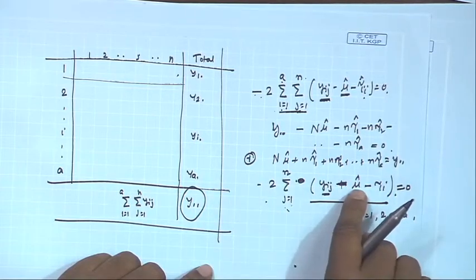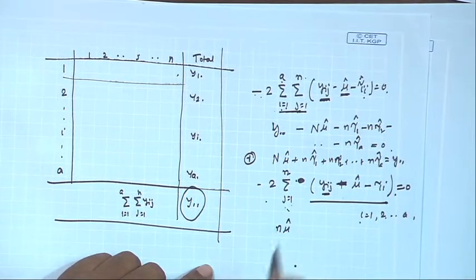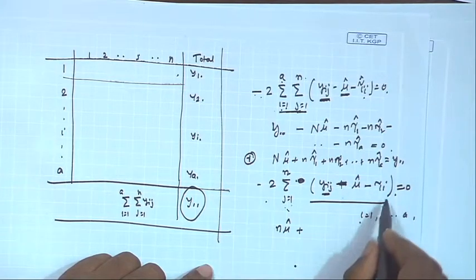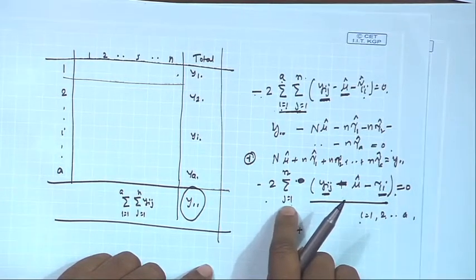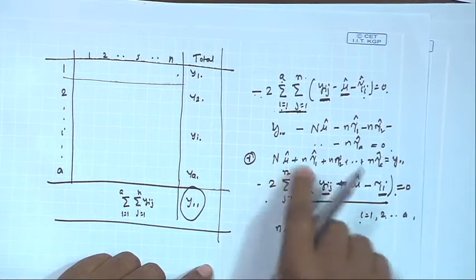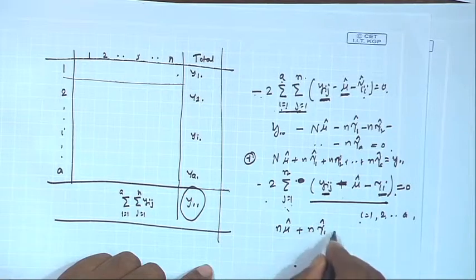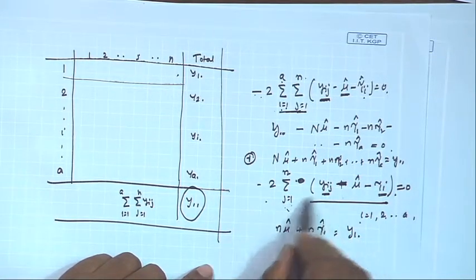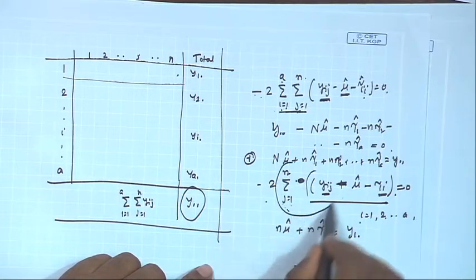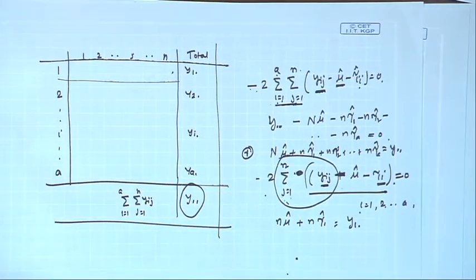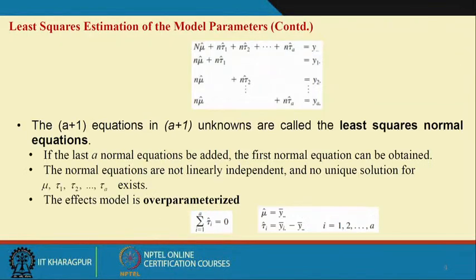So it is n times mu cap plus what you will get here, this tau 1, that will also be n times tau 1 cap, equal to y1 dot, because this is the first row, this quantity will give you the first row total. So in this manner, you are getting the first row total from the first equation, and the second row from the second equation.